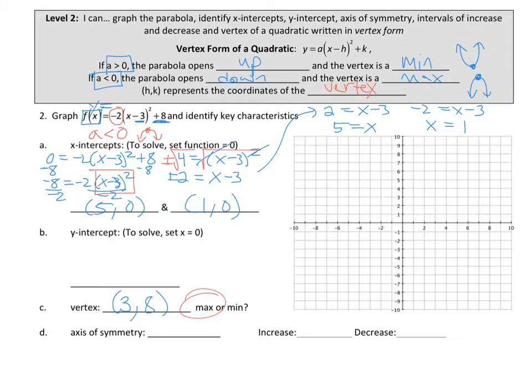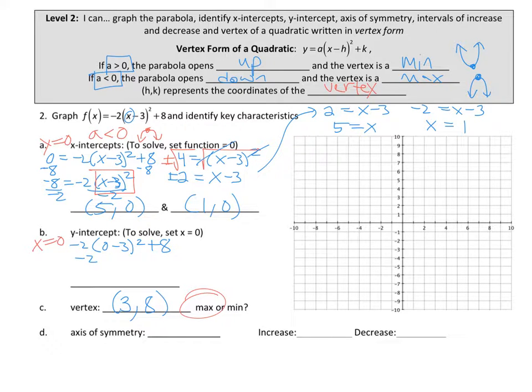And for the y-intercept, we're going to plug in 0 for x. So y-intercepts are when x equals 0, x-intercepts are when y equals 0. So taking my function and plugging in 0 for x, I'm going to put a 0 right here for the x. We get -2 times 0 minus 3 squared plus 8. And then I just evaluate.